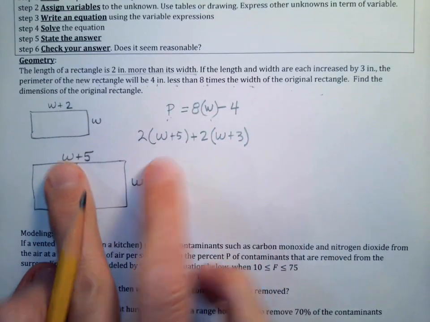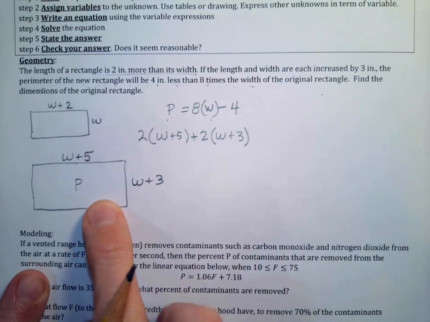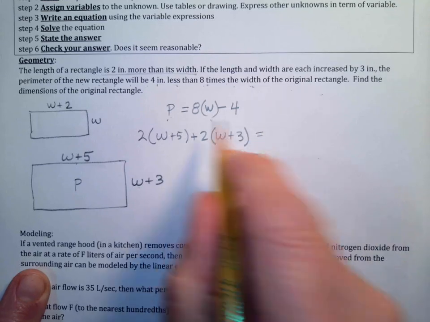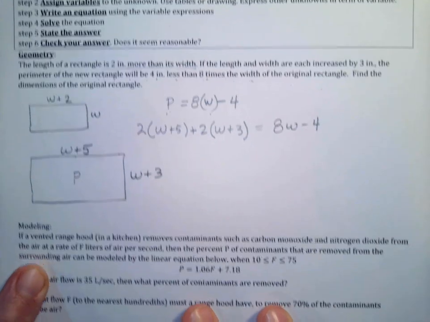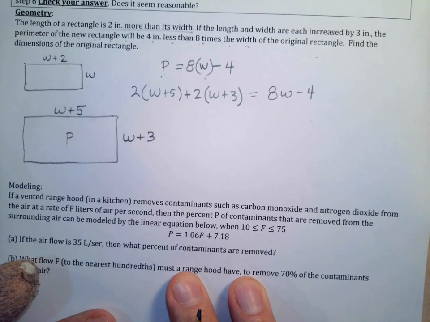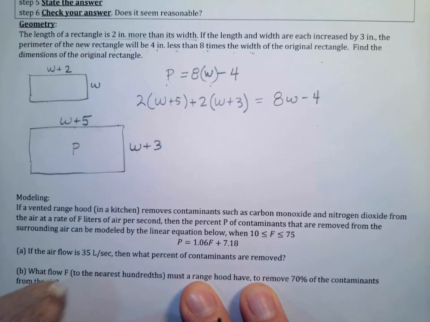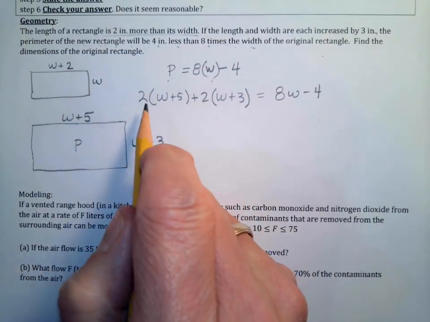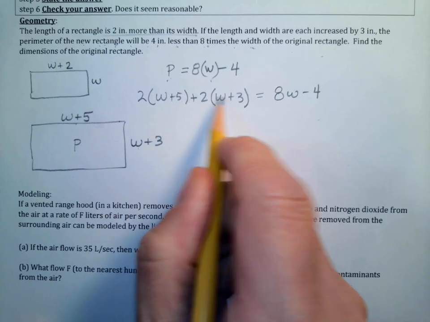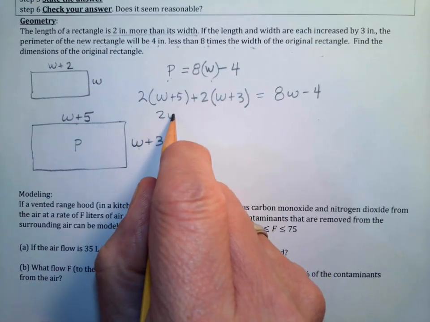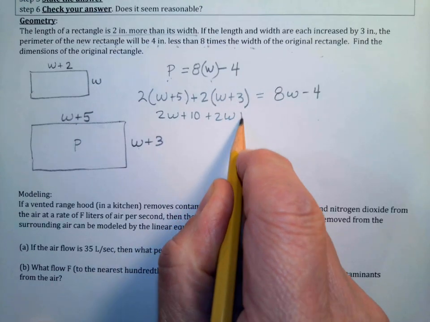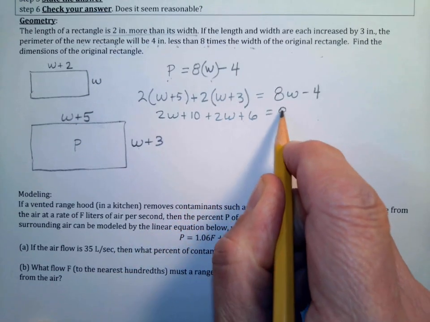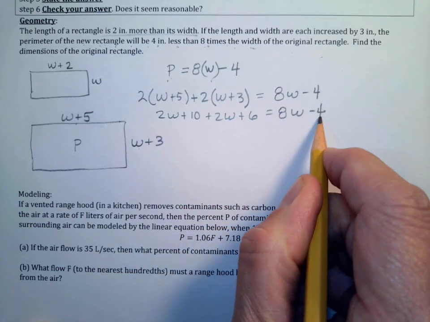That's doubling the two lengths, so that's the perimeter in terms of W. And of course, that's equal to 8W minus 4. So we just need to solve this equation. Makes sense? I'm going to distribute the 2, so I get 2W plus 10 plus 2W plus 6 equals 8W minus 4.